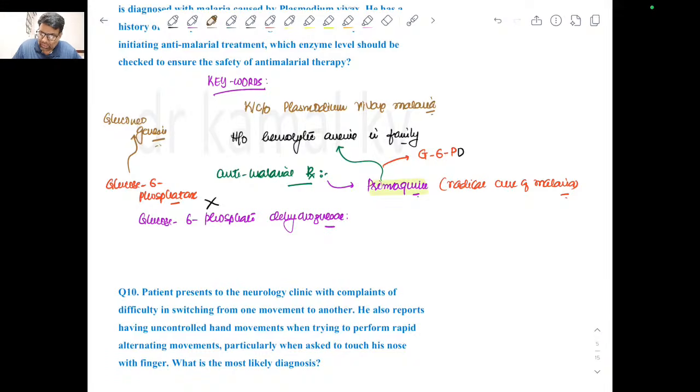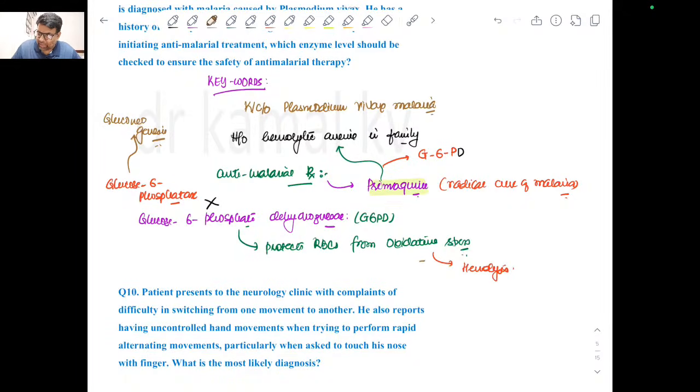And this glucose 6 phosphate dehydrogenase, it protects RBCs from oxidative stress. Clear? It prevents RBCs from oxidative stress. So whenever this enzyme is deficient, and if the RBCs are subjected to oxidative stress, they burst out, and that is what results in hemolysis.